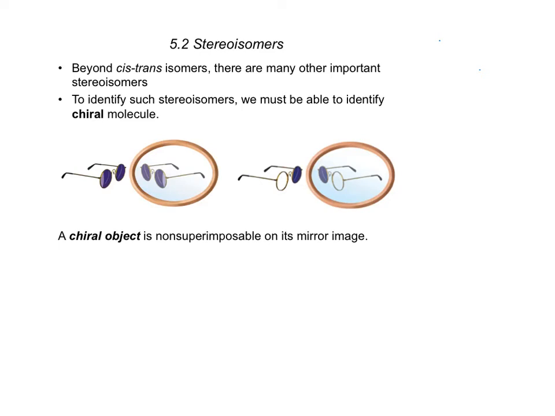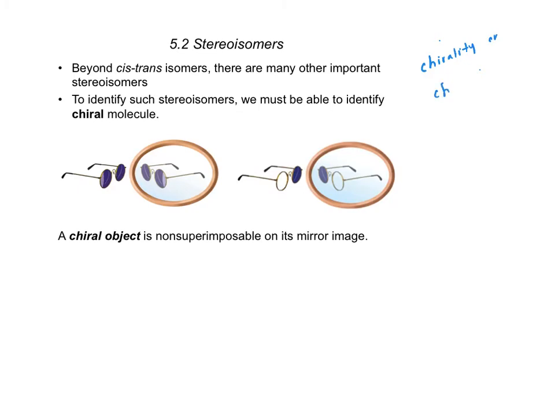So now, that's the basis, right? Now we're going to move into another type of stereoisomer, which we're actually going to deal quite a bit with, okay? And before we can do that, we have to introduce you to a concept called chirality, or chiral objects, okay? So let's write chirality.